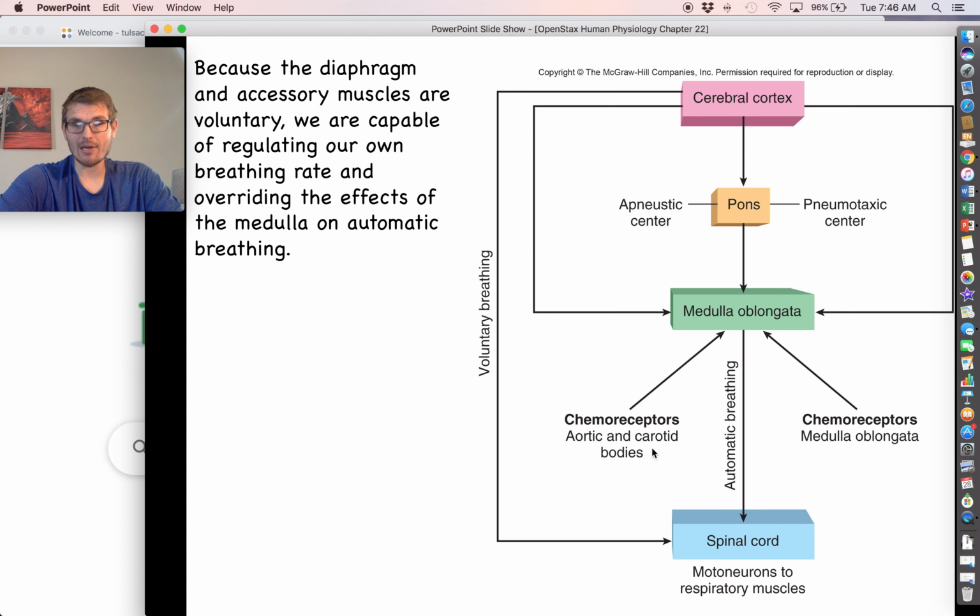So if you look here, any small alterations we need to make to our breathing rhythm come initially from chemoreceptors. We measure the amount of oxygen and carbon dioxide and hydrogen content in the blood. We report those afferent signals to the medulla, and then the medulla will coordinate a response, send an efferent message down through the spinal cord, and then those motor neurons will eventually innervate the thoracic muscles, and we can either get them to contract more frequently or less frequently, depending on whether we need to breathe more or breathe less.